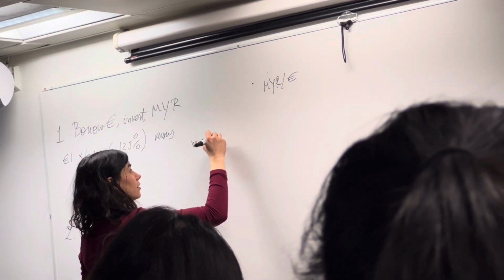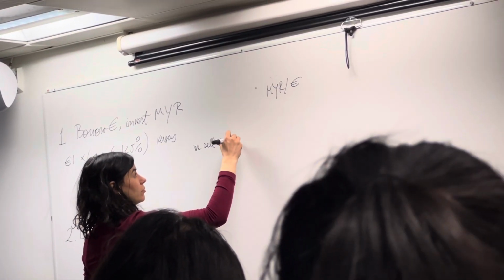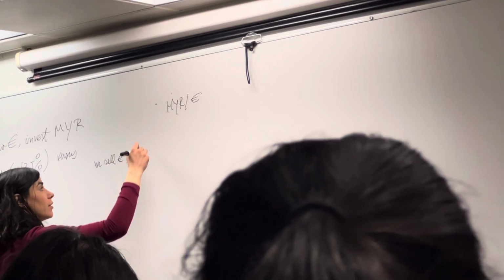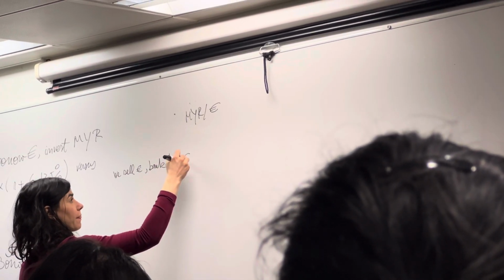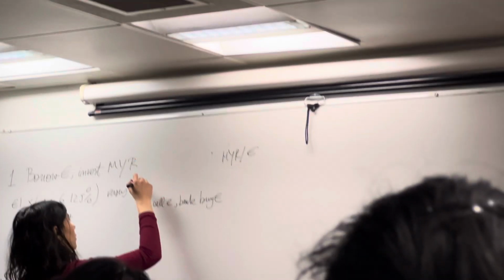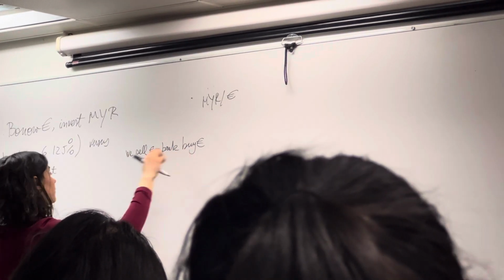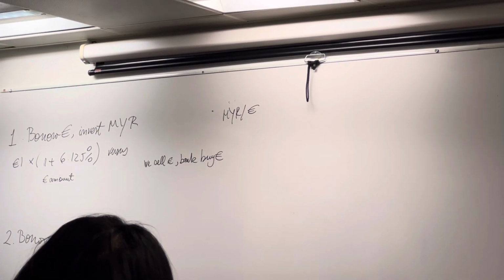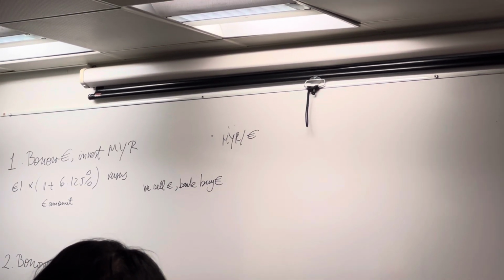So we sell euro. The bid, yeah. The bank buys. Clear? So we use the bid rate, which is 4.6602.